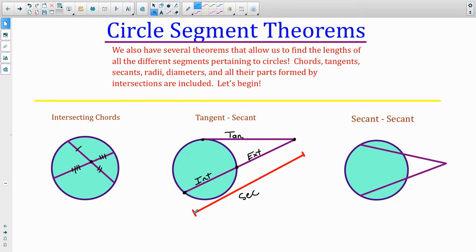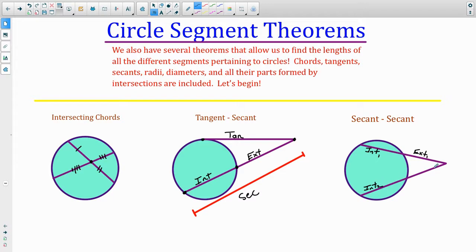And of course, when we get to a secant problem, it's going to look the same as this secant over here, right? So here you're going to have your interior part. I'll call this interior 1. This over here will be the exterior 1. And then here I'm going to have my interior of the other one.